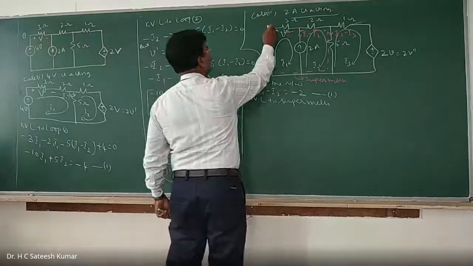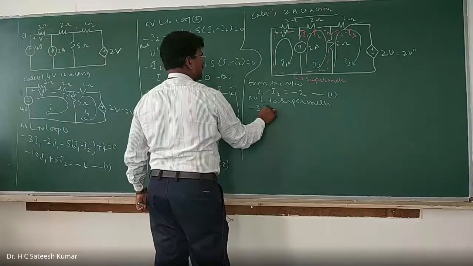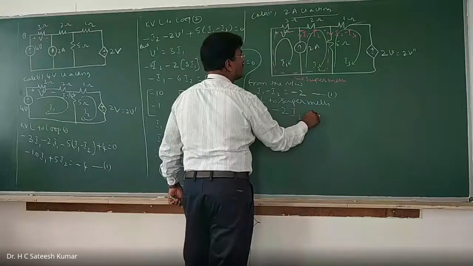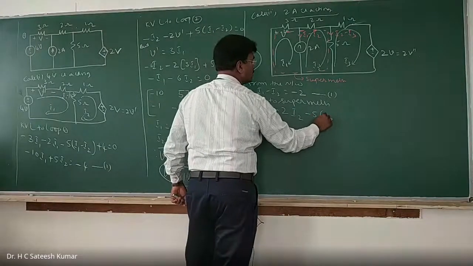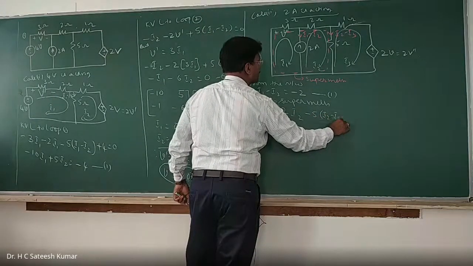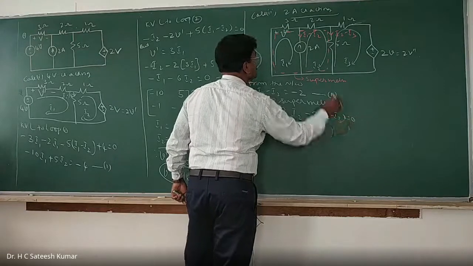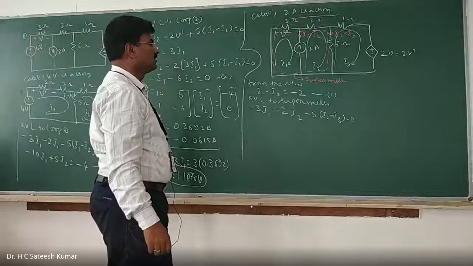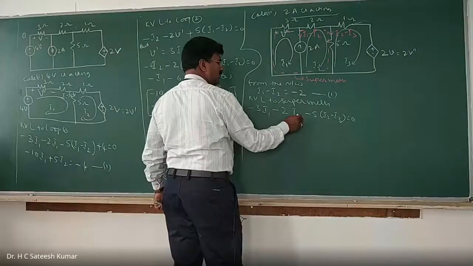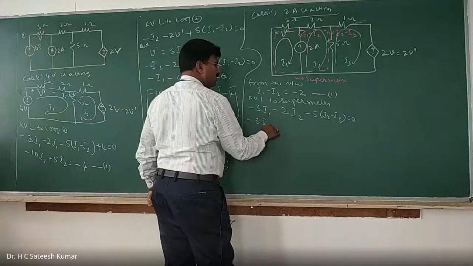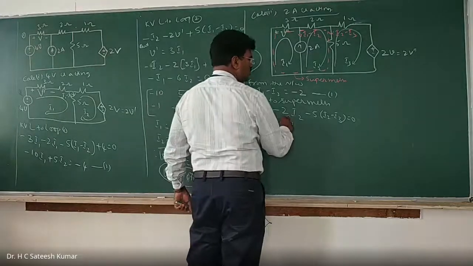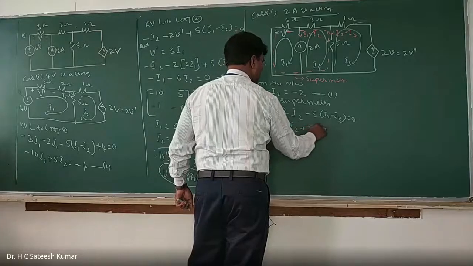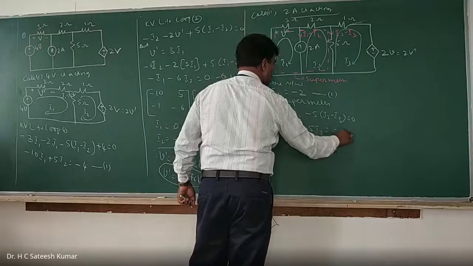Start from this point: minus 3 into I1, minus 2 into I2, minus 5 into I2 minus I3 is equal to 0. Super mesh. Now we have minus 3 I1, minus 2 I2, minus 5 I2, so minus 7 I2, plus 5 I3 is equal to 0. Call this equation number 2.